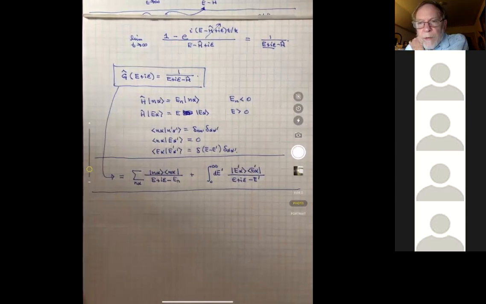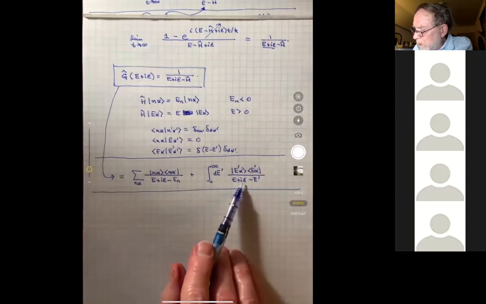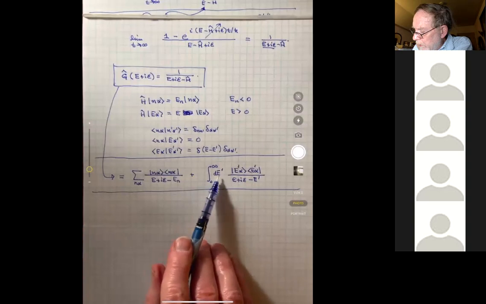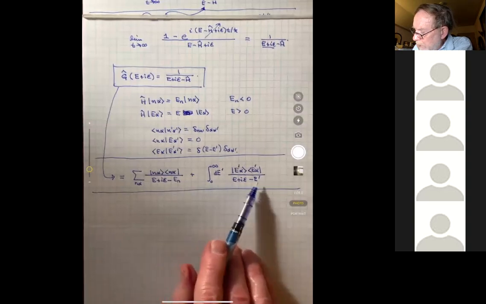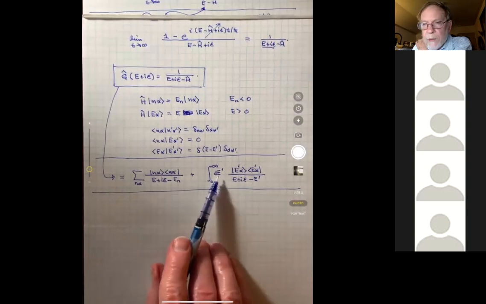On the other hand, we're going to be interested in letting epsilon go to zero, because the real Schrodinger equation doesn't have damping. So we need to think about that. It's important in doing this not to just substitute epsilon equals zero. Rather, you need to take the limit and do it right as a limit rather than just substitution, because the substitution, in fact, doesn't work. If I substitute epsilon equals zero, then on this integral over here, if the energy parameter E is positive, then this E minus E prime denominator goes to zero at some point in this range of integration in E prime.